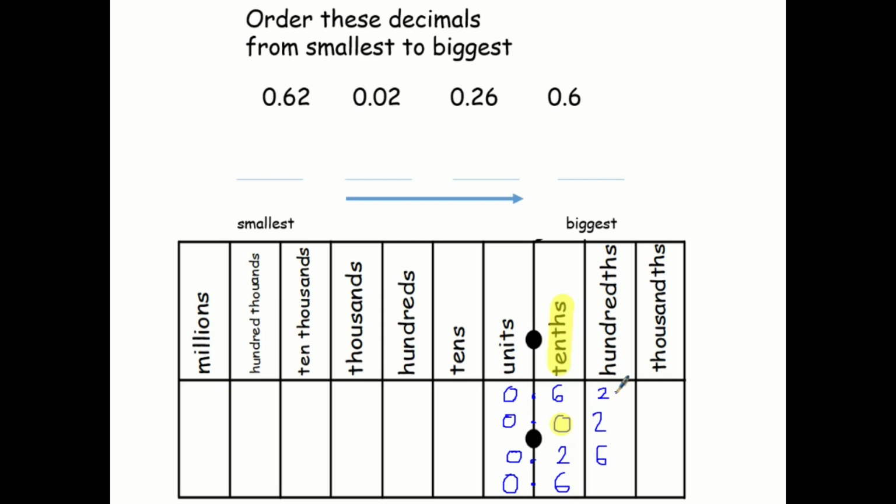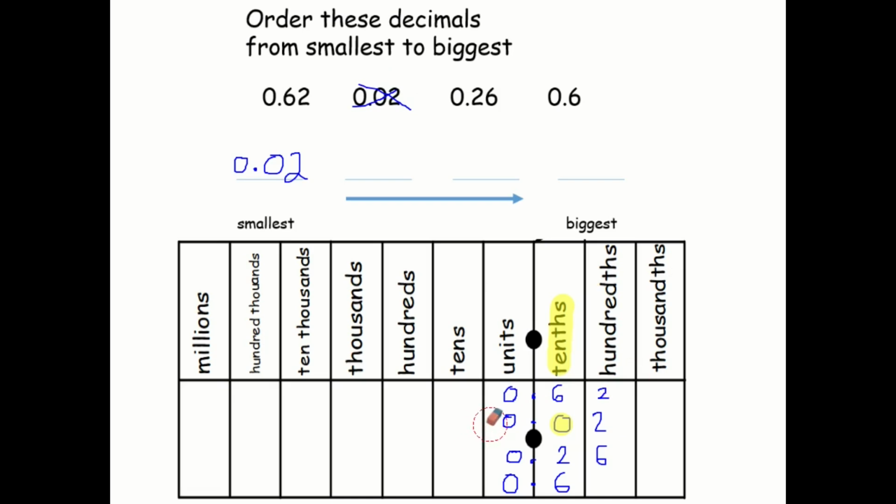It's got the lowest value because there's nothing in that tenths column. Yes, it's got a 2 there, but the tenths column has greater value than the hundredths column. So if there's nothing there, then I know it must be the smallest number. So 0.02 must go there. So I can now eliminate that.